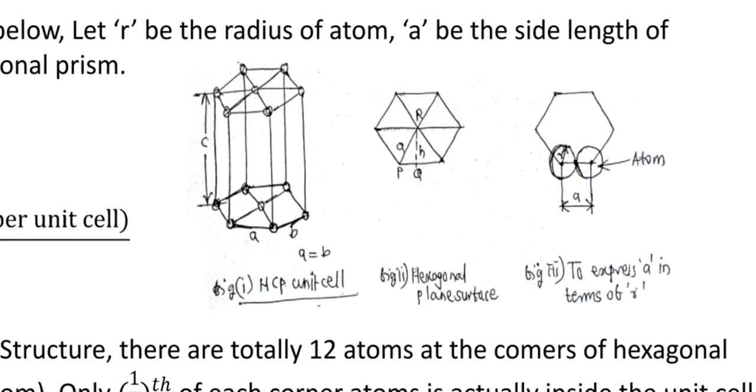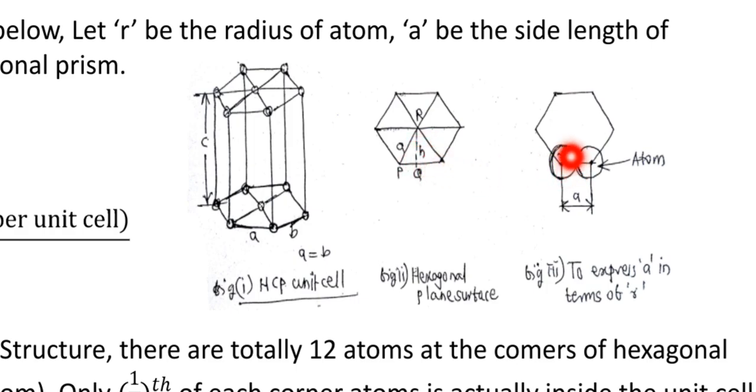If we consider the details, RQ is the perpendicular drawn from the apex to the bottom of the triangle. So we have to calculate the area of each triangle and multiply it by 6, because this cross section consists of 6 isosceles triangles.